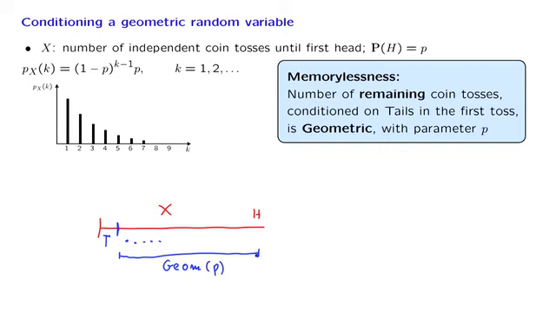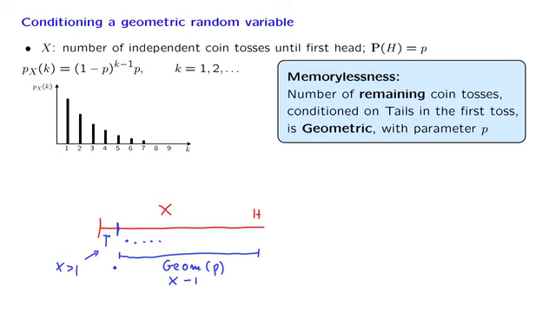And so the geometric distribution that you are seeing here is the conditional distribution of X minus 1, given that the first toss resulted in tails, which is the same as the event that X is strictly larger than 1.